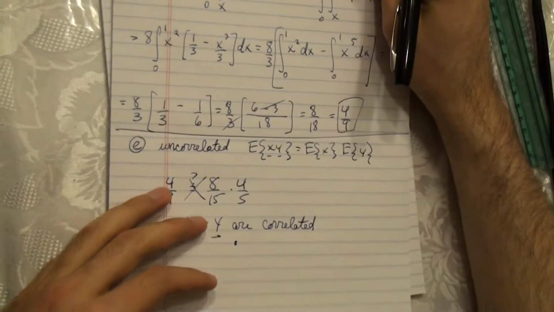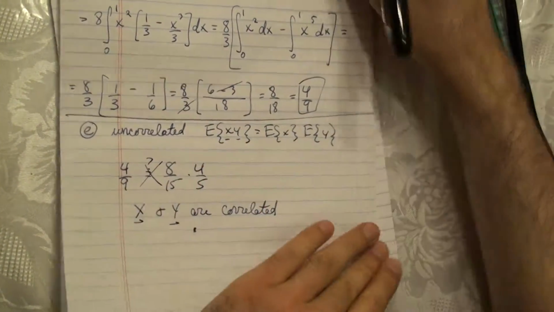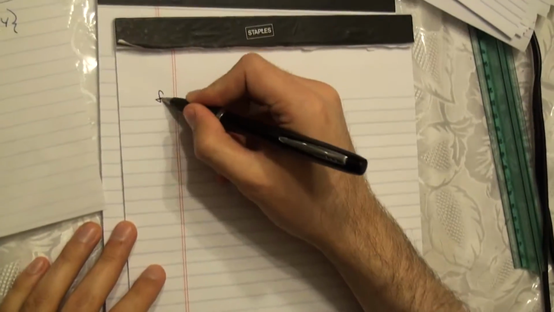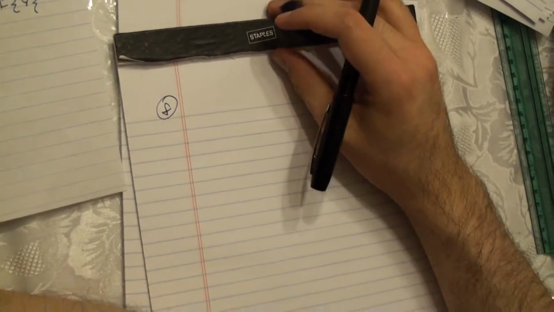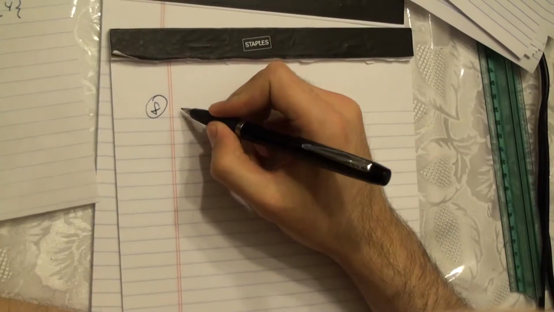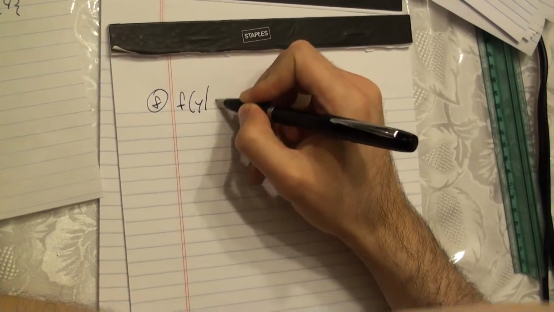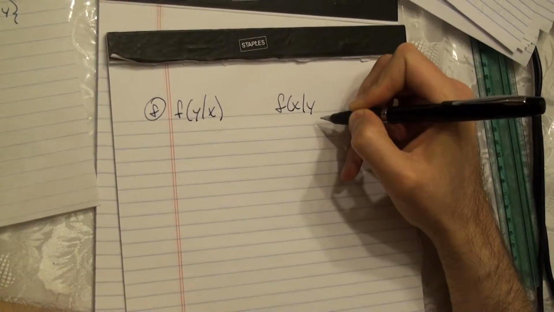Now part F. Move to another page. Part F wants us to find and sketch the conditional density functions. So they want us to find f of y given x and f of x given y.